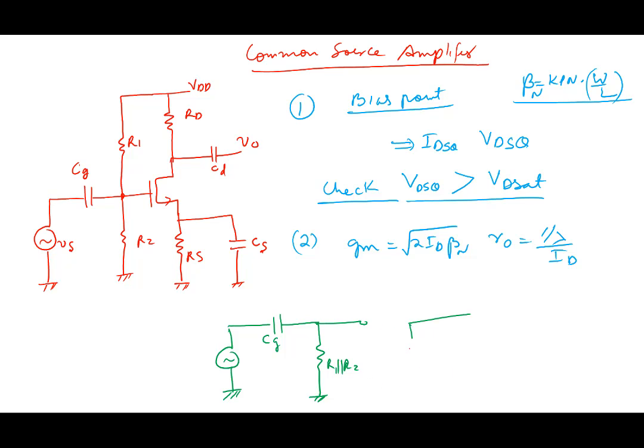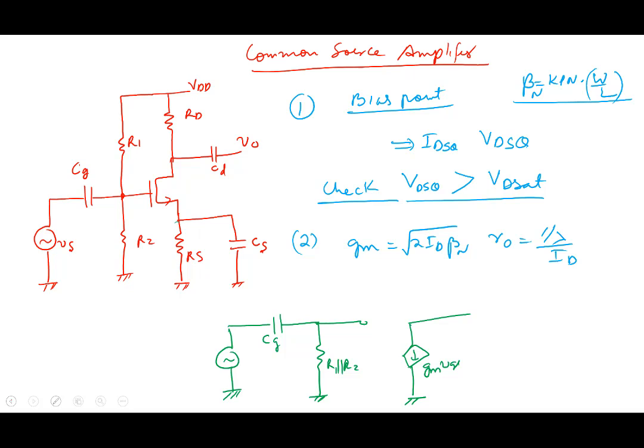Then there is GM VGS here. Actually let's do it in mid-band. Let's put this as ground here. VGS here. If you want, you can include R0. You can put RD here and V0 here.